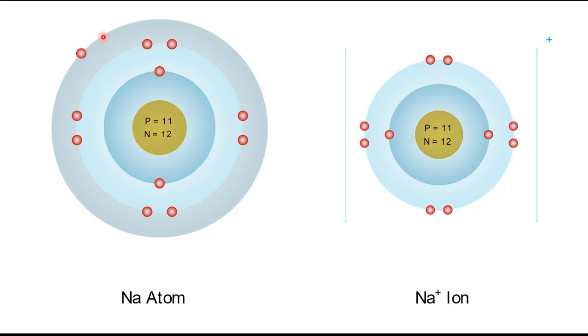So for sodium, it's going to be much easier to lose this electron and drop down to the 2nd energy shell versus picking up 7 more electrons to fill the 3rd energy shell. So when this happens, sodium is going to lose an electron, dropping down from the 3rd energy shell to the 2nd energy shell as its valence shell, and will be written as sodium 1+ and named as sodium, or the sodium ion.